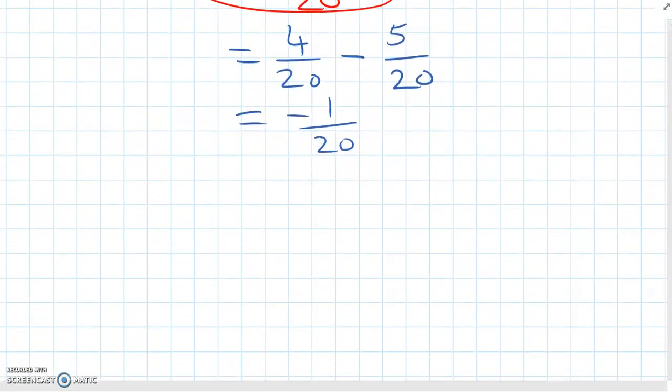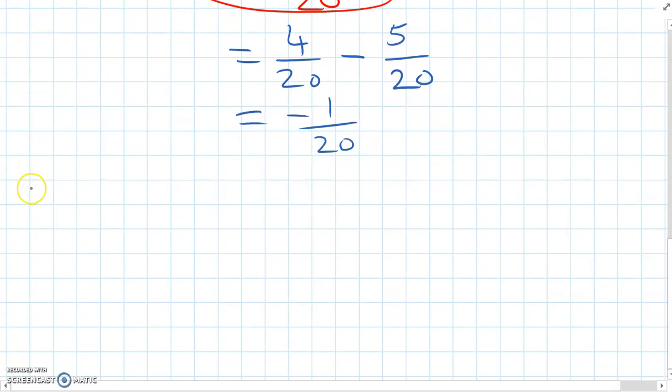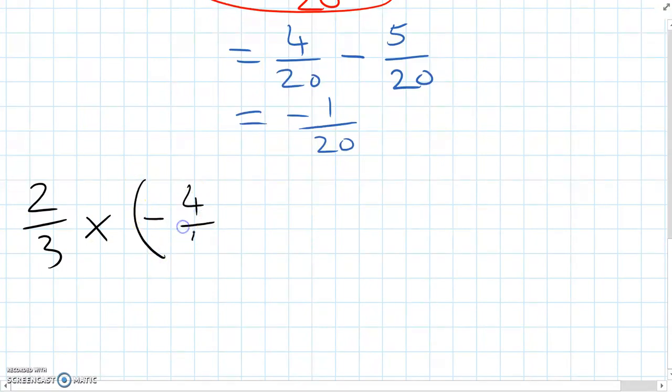If we're multiplying, we just need to remember our multiplication rules for fractions. So this one we have 2/3 multiplied by negative 4/5. So we're saying, what is 2/3 of negative 4/5?